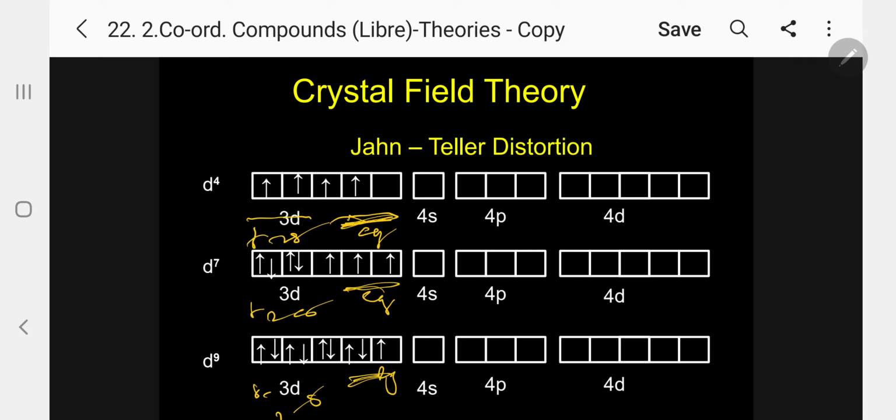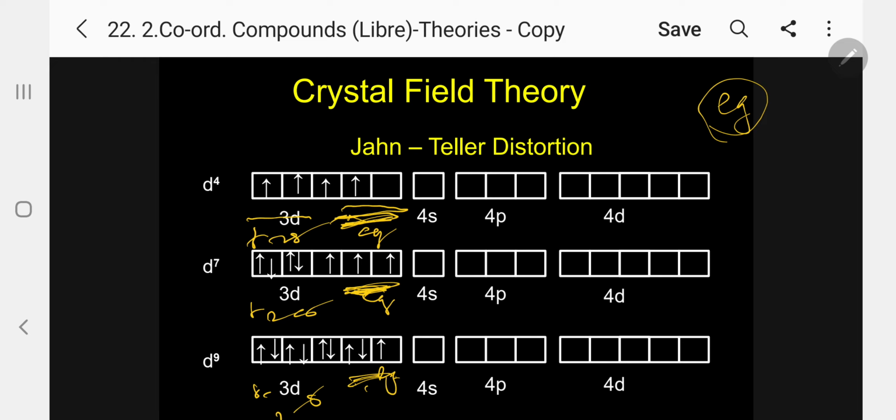So just compare now. Unsymmetrical, please follow. One is empty, another is single. Just see here, in this case both are the same, symmetrical. Kindly follow. Here, unsymmetrical. My conclusion is, if you look at the Eg orbitals and they are unsymmetrical, distortion takes place. If it is not unsymmetrical, no distortion takes place.